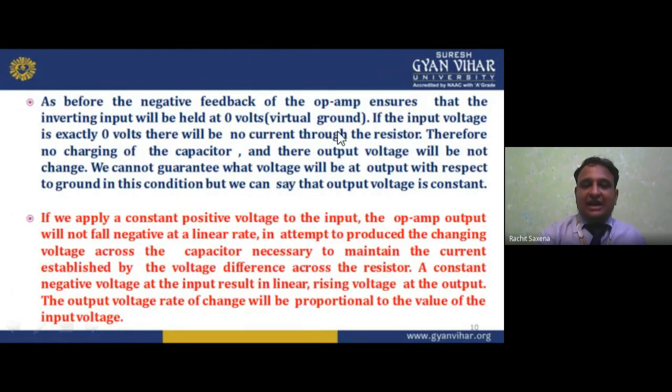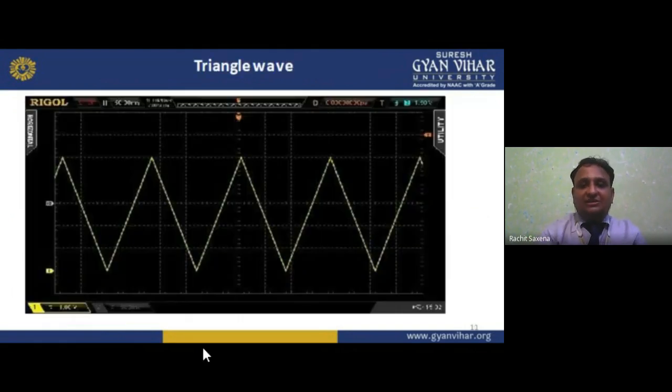If I give the positive voltage to the input, the op-amp output will fall at a linear rate. It attempts to produce a changing voltage across the capacitor. So charging, then discharge, charging, then discharge. So you will get the triangle like this.